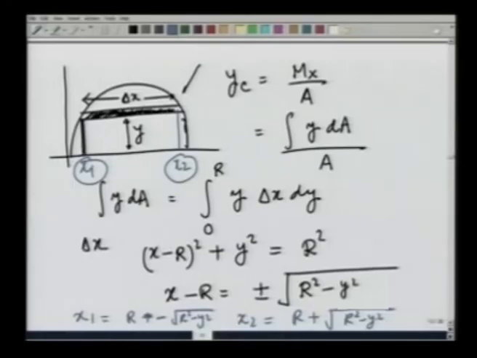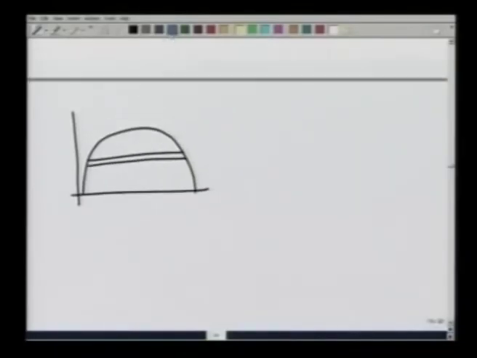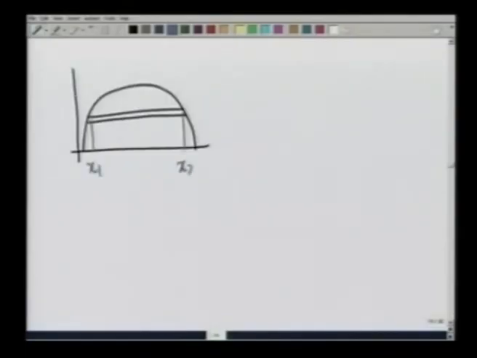And therefore, delta x, again let me make this figure. This is x1, this is x2. Delta x is going to be x2 minus x1, which is equal to 2 square root of r square minus y square.